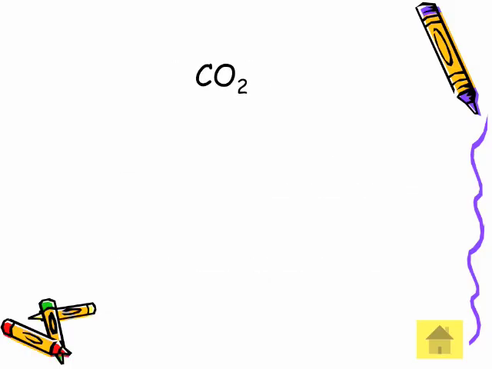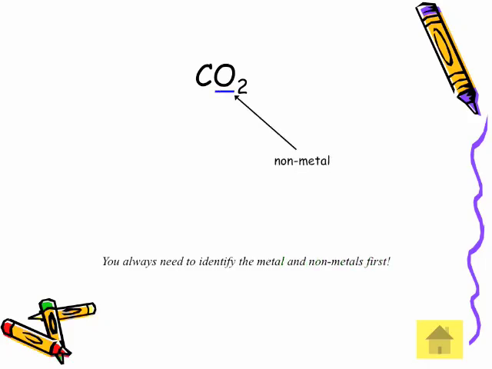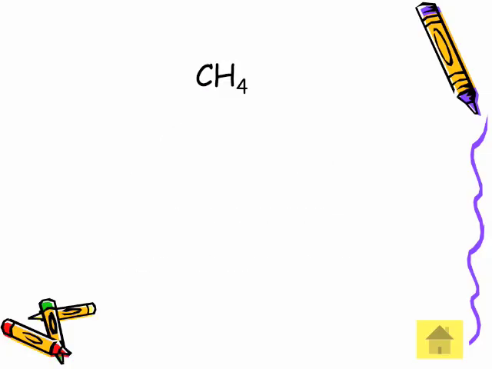The first and foremost step was to identify metal, non-metal. O is a non-metal, but so is carbon. So here we have two non-metals. There is no metal, so therefore we have a covalent bond and a covalent compound.